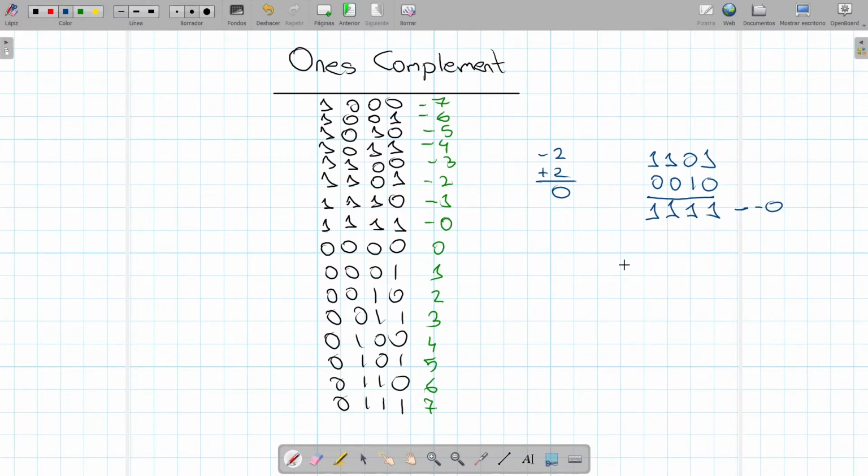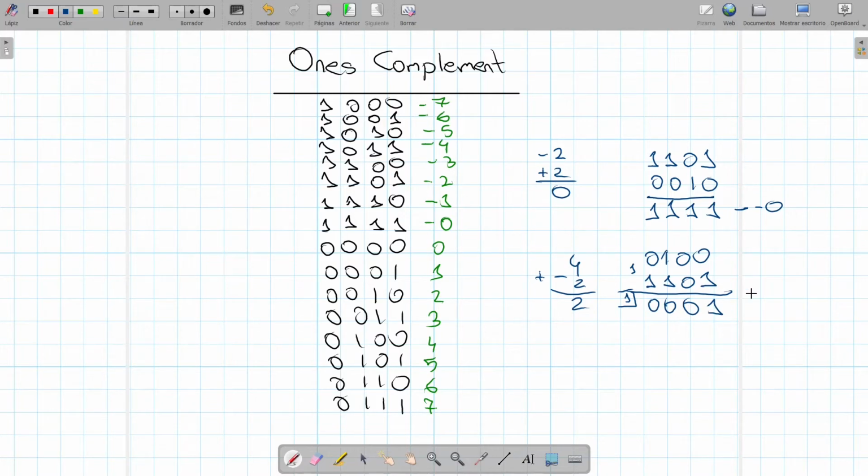The problem is that if we do 4 minus 2, which should give us 2, we do 0, 1, 0, 0, which is the 4, and the minus 2 is 1, 1, 0, 1. Then 1 and 1 is 2, and this carryover we forget.